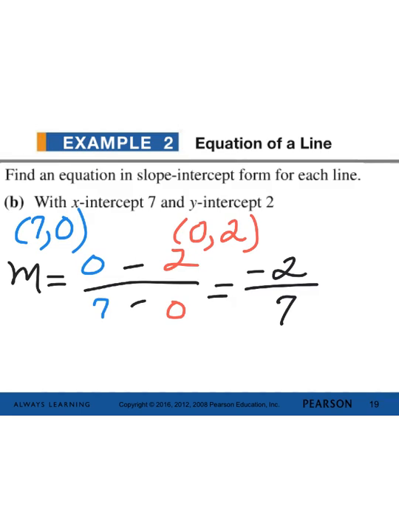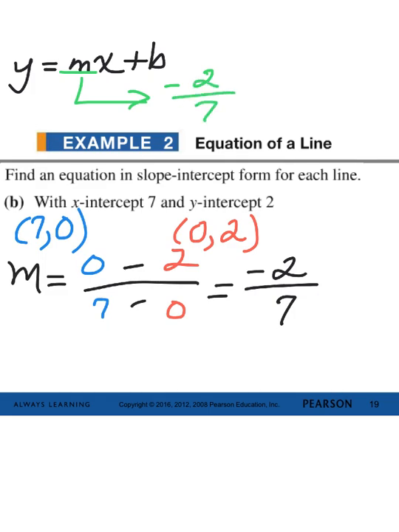Then we know that we have y equals mx plus b. And what we've just learned is that m is -2 over 7. What we don't know is the value of b, or do we?